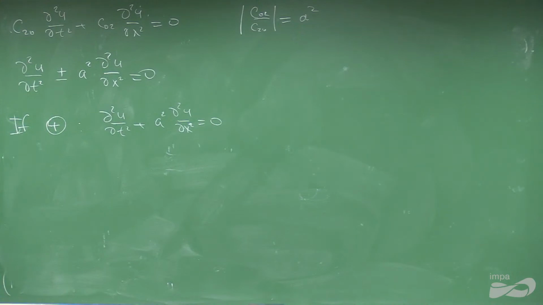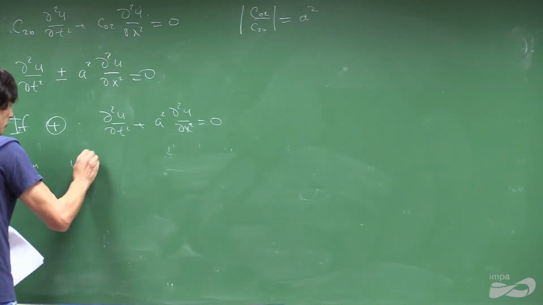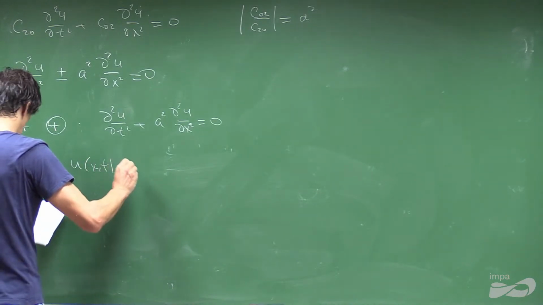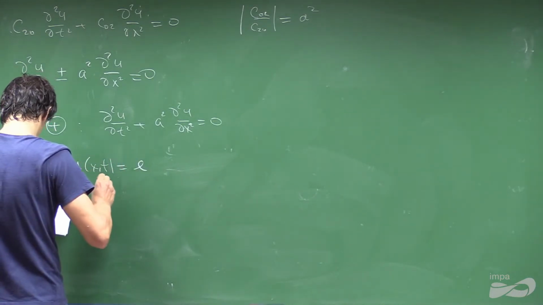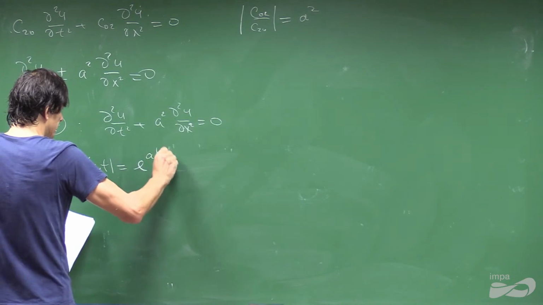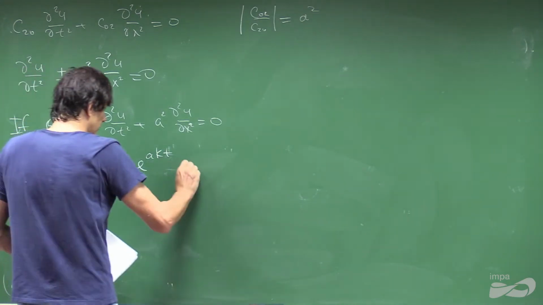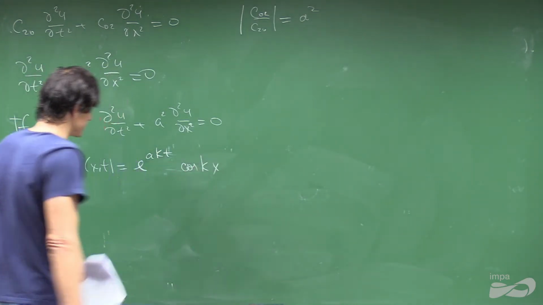What you can check is that then we can find a particular solution which has the form u of x,t equal C exponent a k t cosine kx.